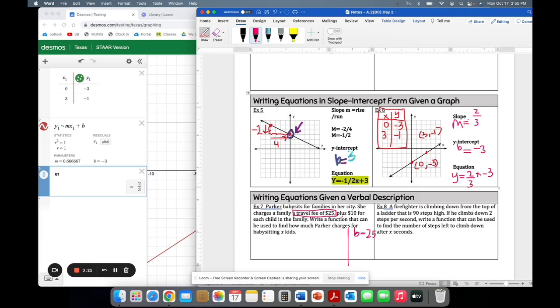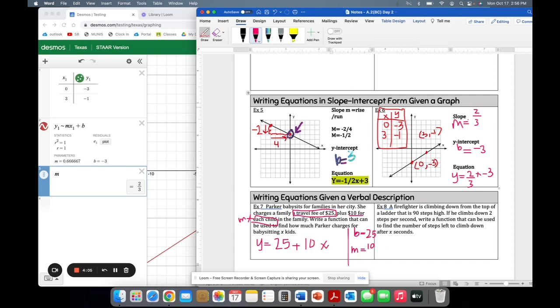The next says plus $10 for each child. Each. Your keyword is each. This means this is where the mx goes. All right. So m is 10. So my equation is y equals 25 plus 10x.